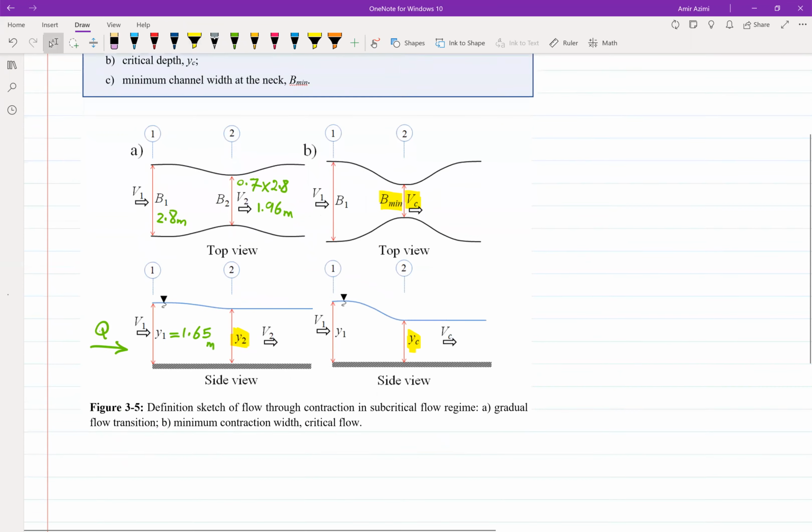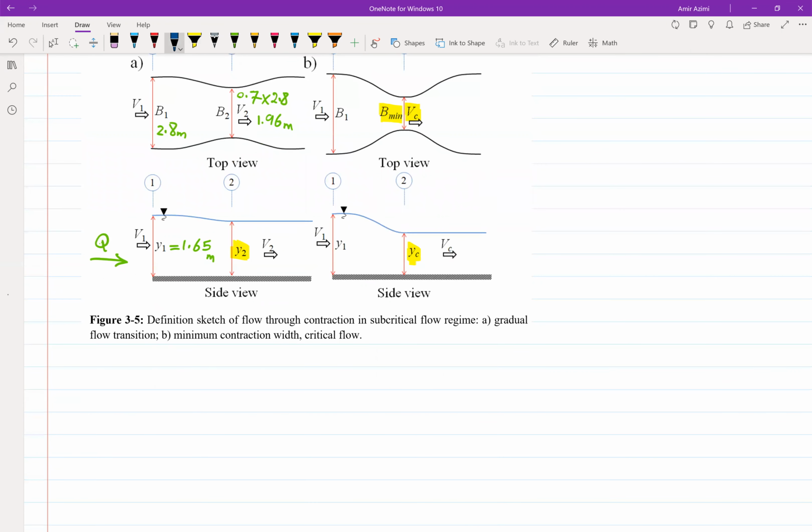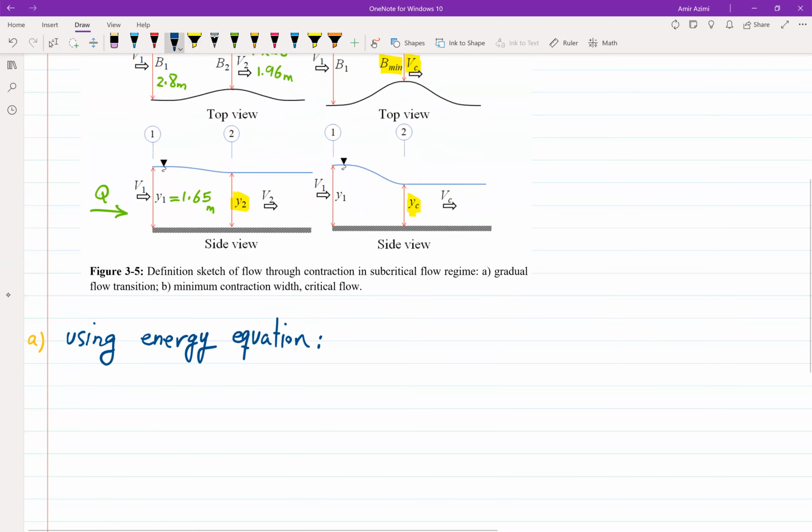Okay, so first we want to calculate Y2, for part A, using the energy equation. So we have E1 equal to E2 plus delta E. Energy loss is negligible, so almost zero, so E1 is equal to E2.